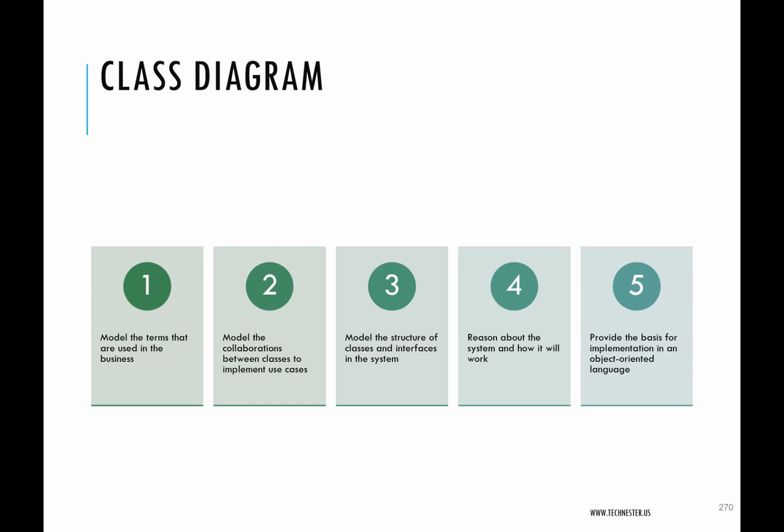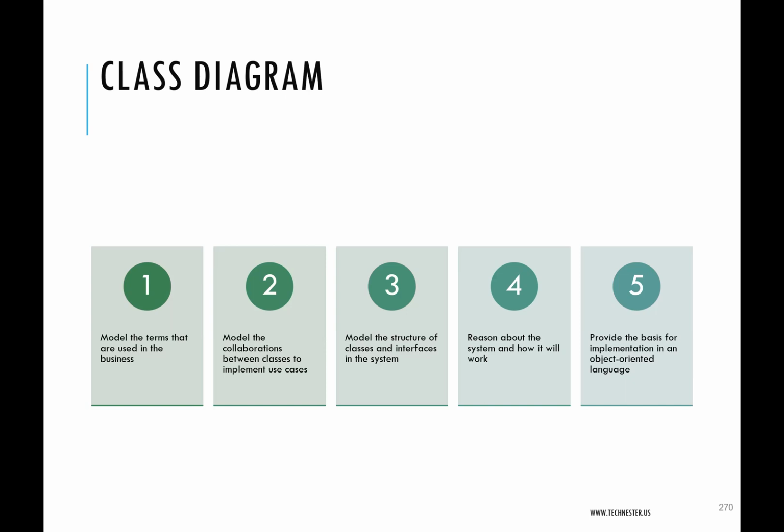They provide the basis for implementation in an object-oriented language. And number 5 is the main reason why they are very important and the key reason why most people would use them. Now, in an agile environment, you may never need to model at all or even model using class diagrams.